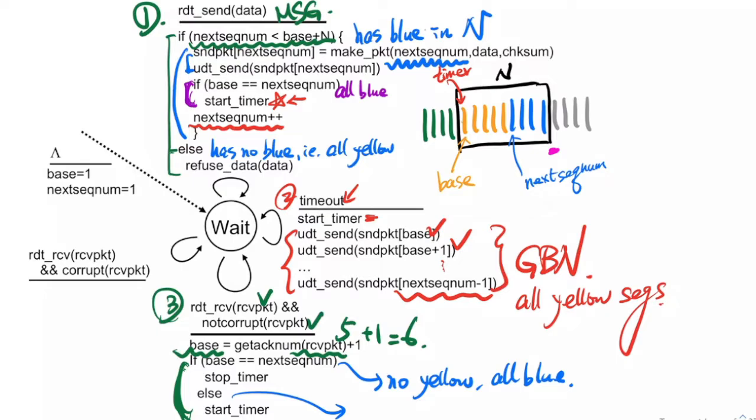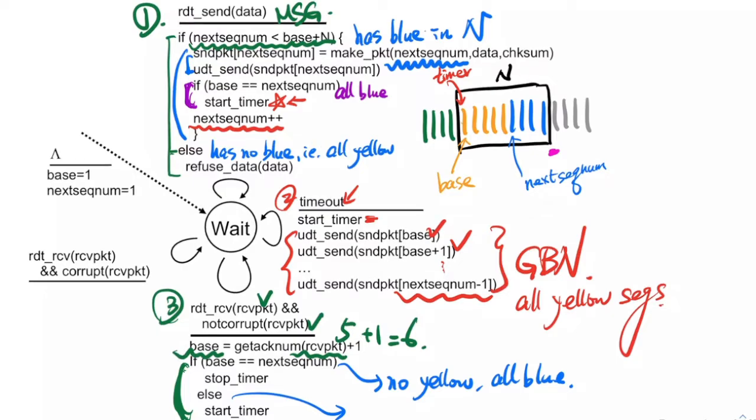The else condition means it has a first yellow, has yellow. So you have to set up a new timer for the first yellow segment. And for the upper part, if base equals the next sequence number, that means when you move the window, there is no yellow segment left in the N window, so you don't have to set up any timer because they are all blue segments.